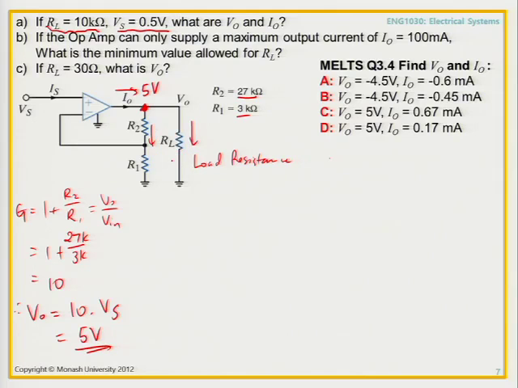What did someone who got it right do? What was your thought process here to get 0.67? You don't need to go into numbers, just tell me what you're thinking.